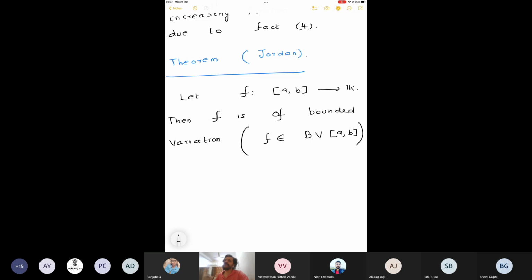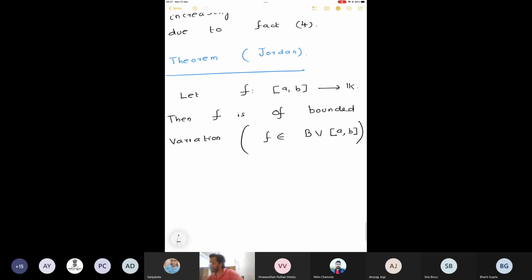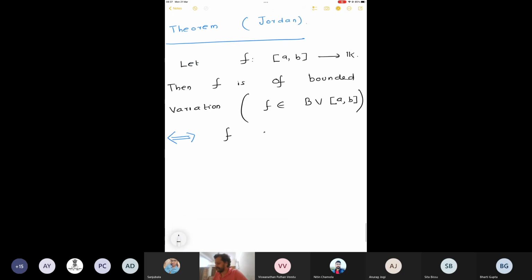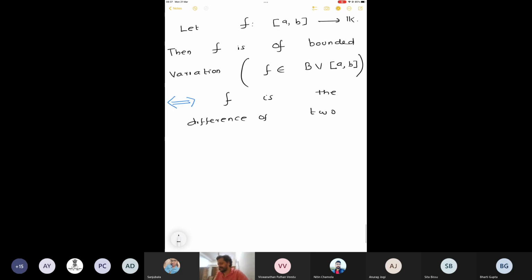BV(AB) is the vector space of all bounded variation functions defined on AB. Then f is of bounded variation if and only if f can be written as a difference of two monotonically increasing functions.